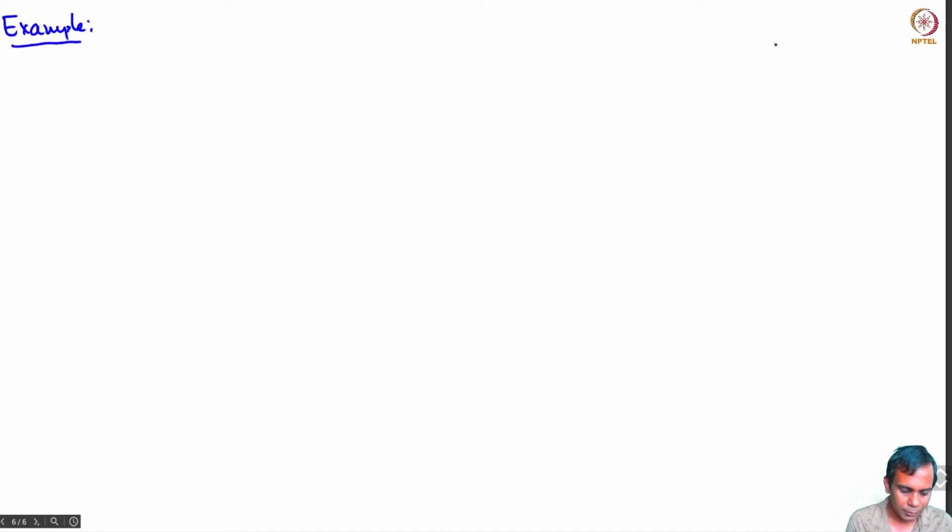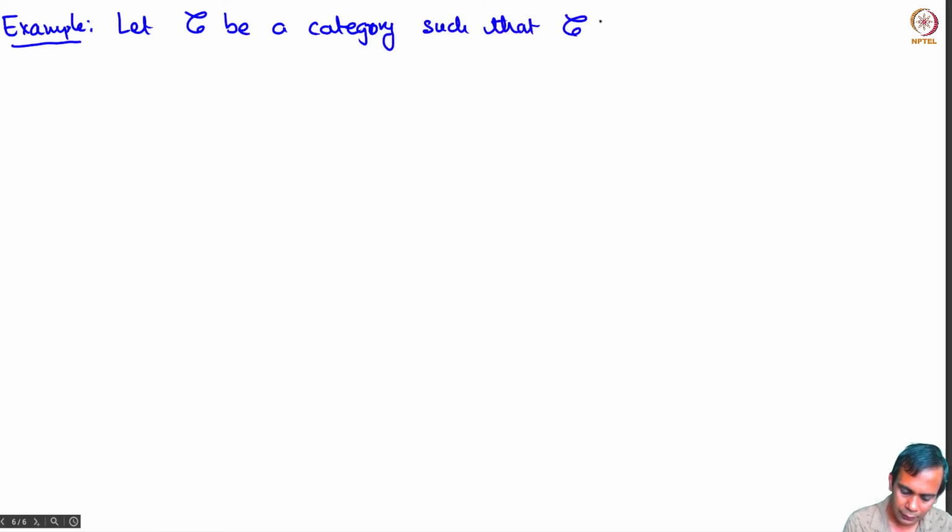The next example, consider a category C. With a mild technical assumption, we require that the collection of arrows between any two objects is a set.